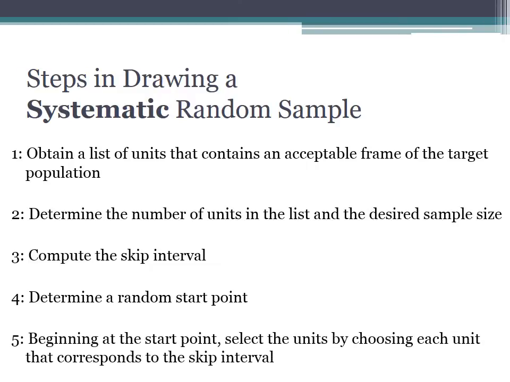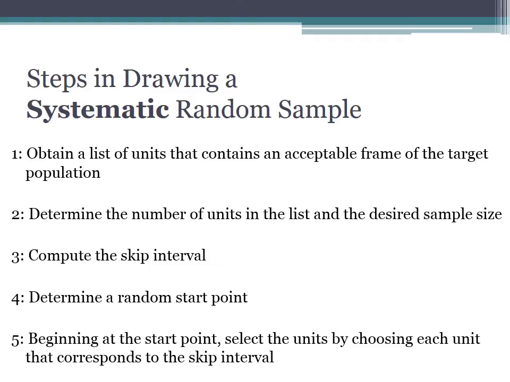So we get our list. We determine the number of units in the list and our desired sample size. So let's pretend we're doing UK students. So we get a list of all 28,000 UK students, and we decide we need a sample of 1,200. So we divide 28,000 by 1,200, and we determine our skip interval.